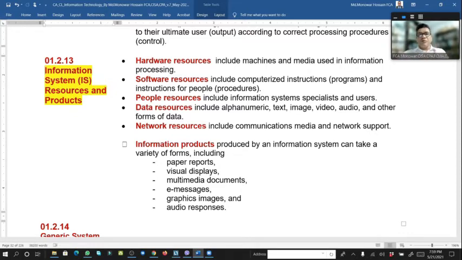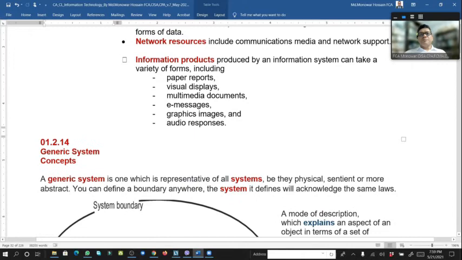And information products produced by an information system can take a variety of forms, including reports, visual displays, multimedia documents, e-messaging, graphical images, audio presentations, also dashboard presentations, also visual presentations, also we can say our PowerPoint presentation. All are products here.